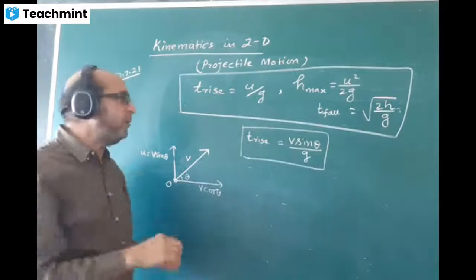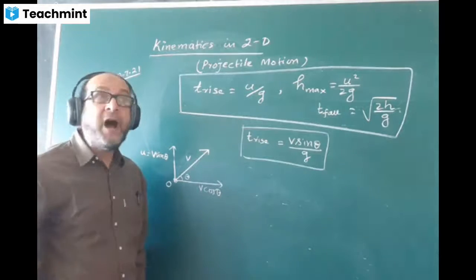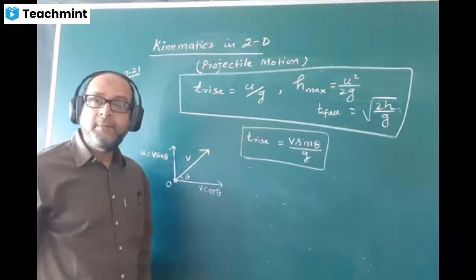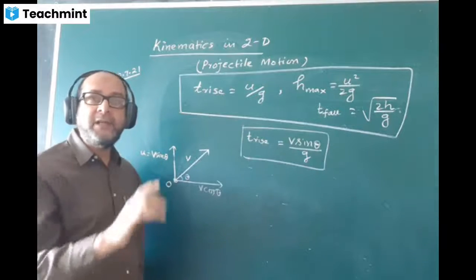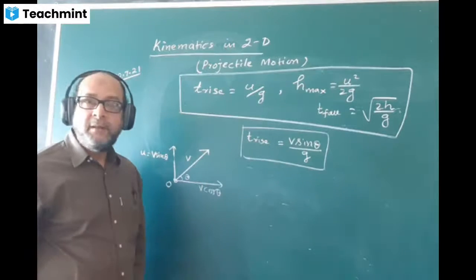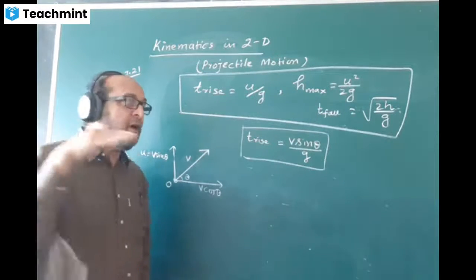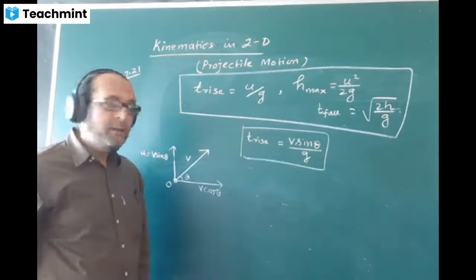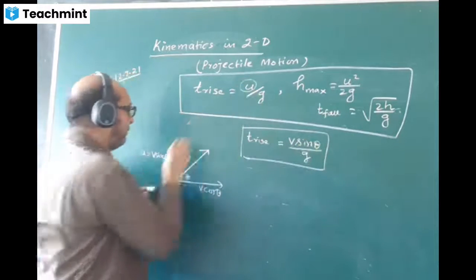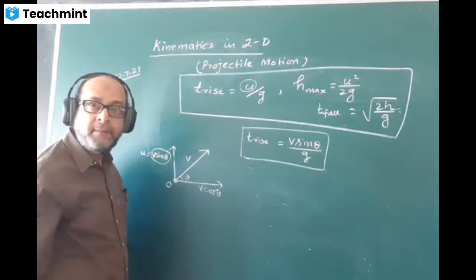So just now I'm taking only the vertical motion. How high the body will rise, I'm not talking about how much distance it will cover. For that we are finding the time of rise. The body is definitely rising, and it's also covering horizontal distance this way. So the time of rise value will become v sin theta by g. The value of u is replaced by v sin theta.